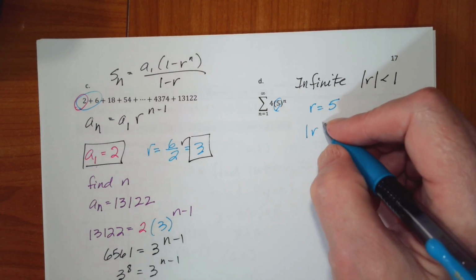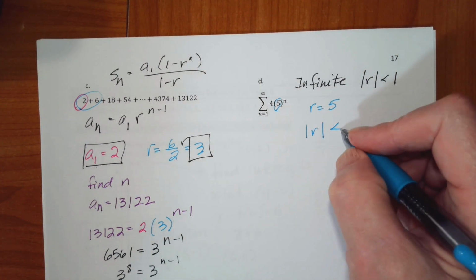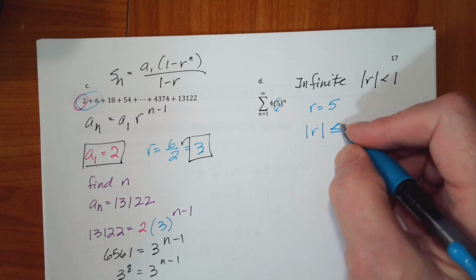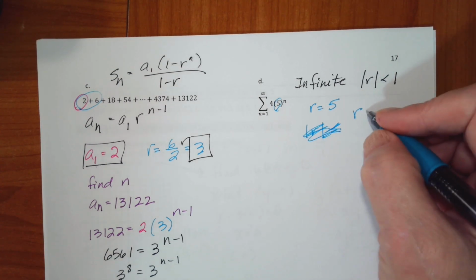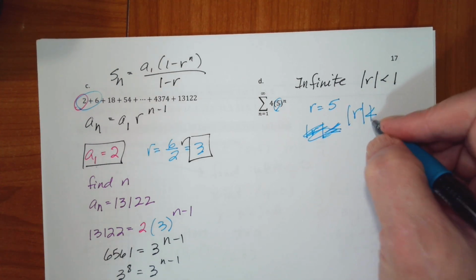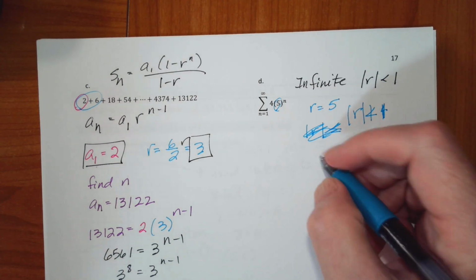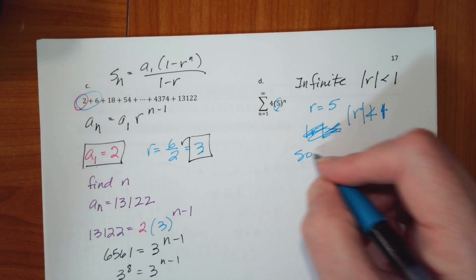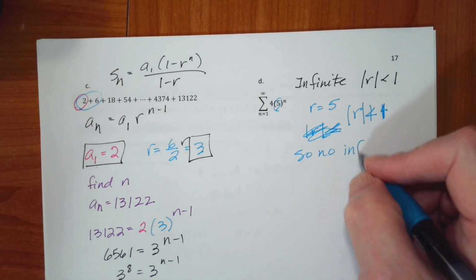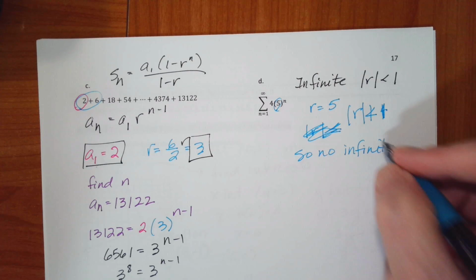So the absolute value of r is not. So r is not less than 1. So no infinite sum.